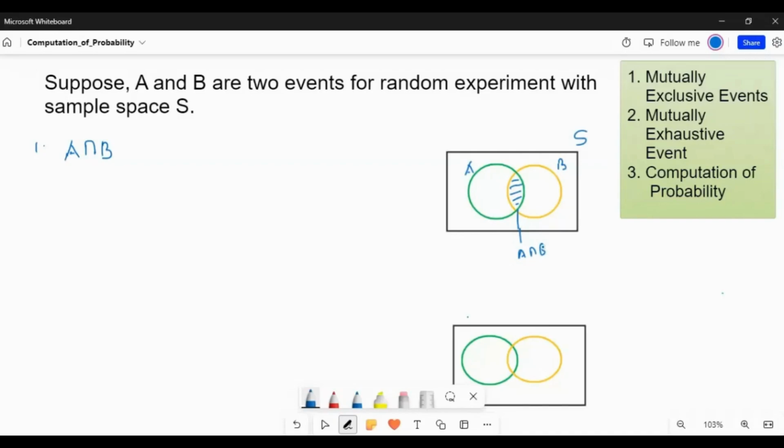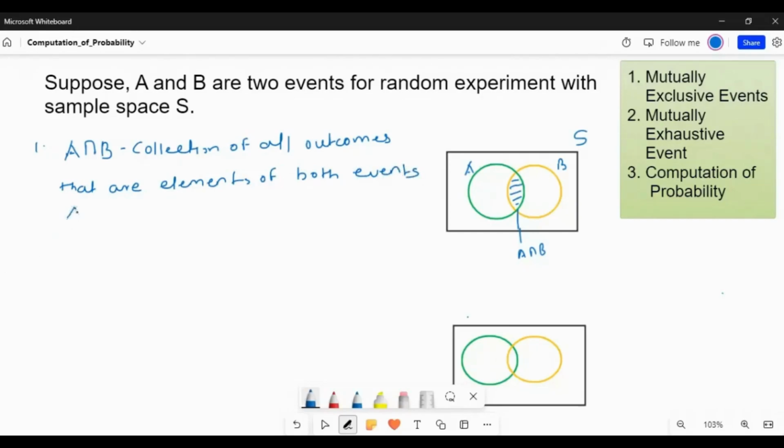So here I can write: collection of all outcomes, because I'm talking about the event, so I can write outcomes that are elements of both event A and B, right?